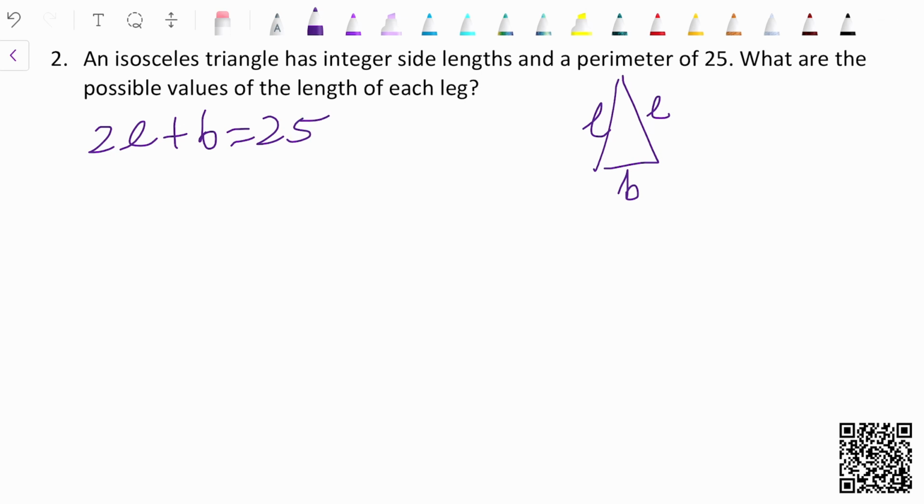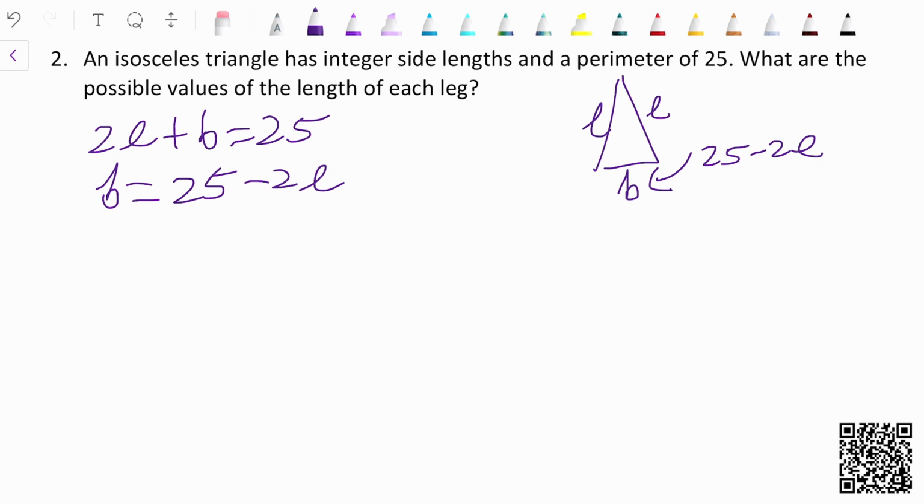Therefore, if we want to calculate B in terms of L to make integrating B into L smoother, we're going to get B, so subtract both sides by 2L, is equivalent to 25 minus 2L. Therefore, we are deeming B now as 25 minus 2L. So, now that we have this, we can use our nifty little triangle side calculator of a sort.